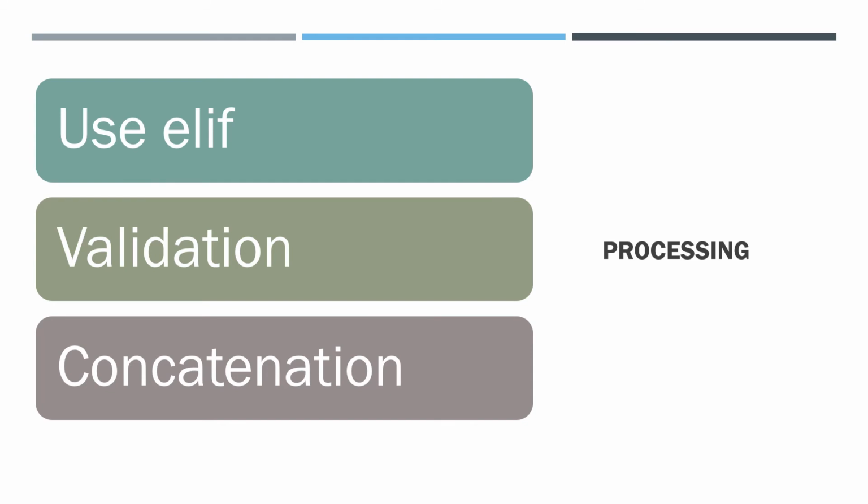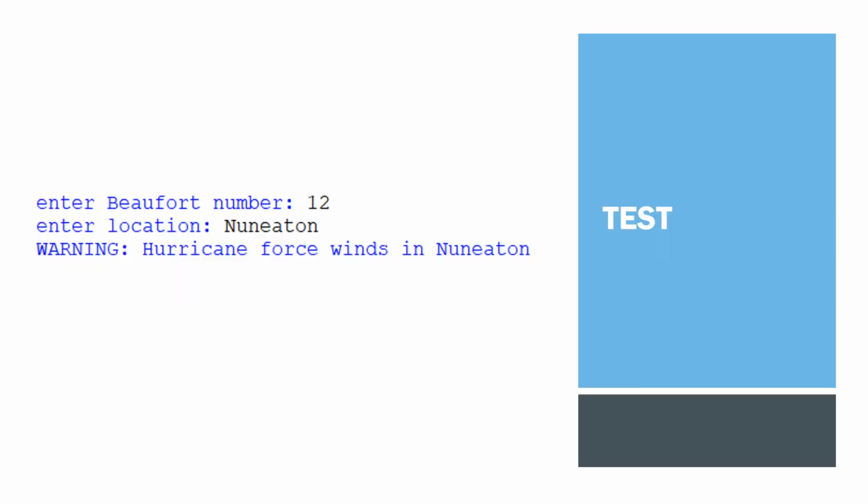So pause now. If you haven't done so already, create the commands to input the Beaufort number and a location, add elif, validation and concatenation to complete the processing. Add the final output command, which outputs the hurricane warning, and then try testing the program.